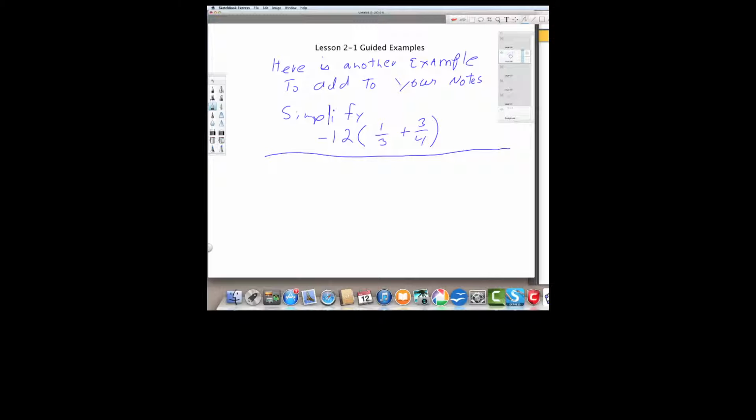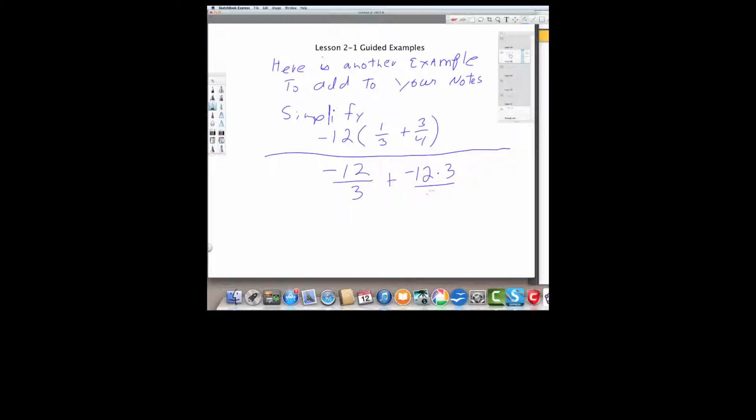If instead we use the distributive property over addition, we get negative 12 times 1/3, which is negative 12 over 3, plus negative 12 times 3/4, and I'm going to write this as a multiplication: negative 12 times 3 over 4.